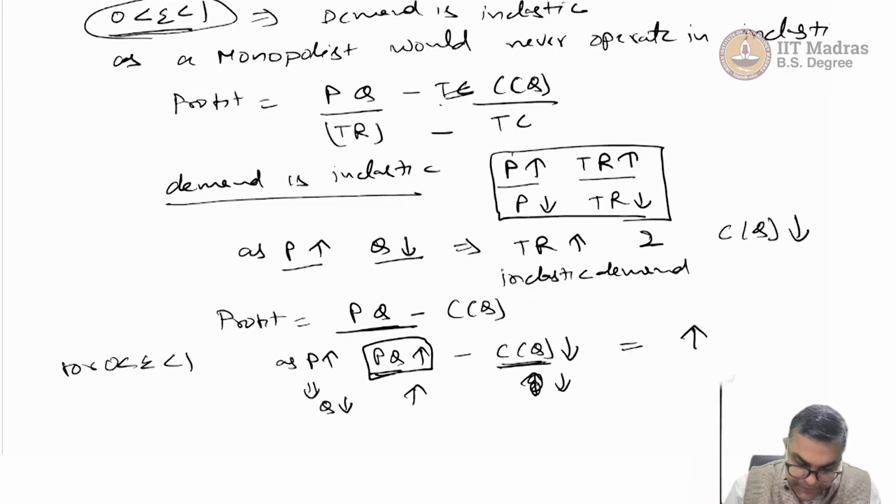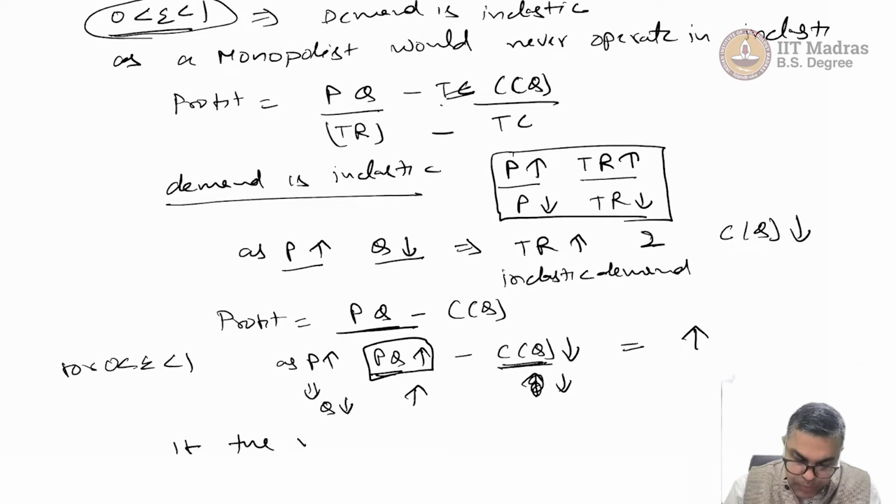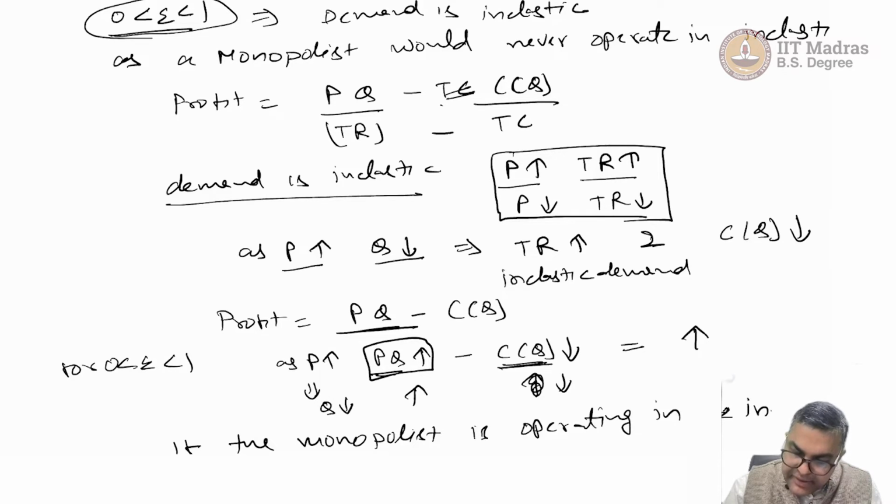So if the monopolist is operating in the inelastic zone, P going up means profit going up.